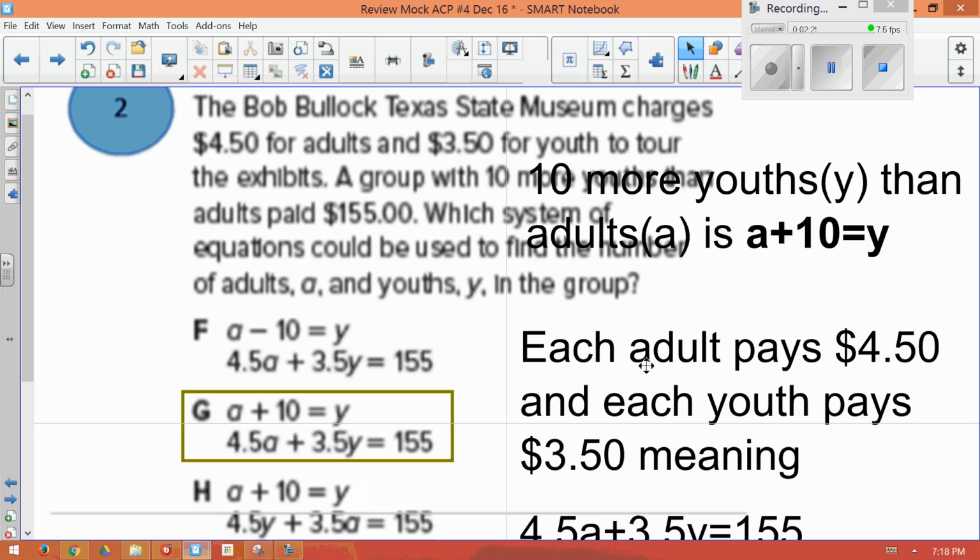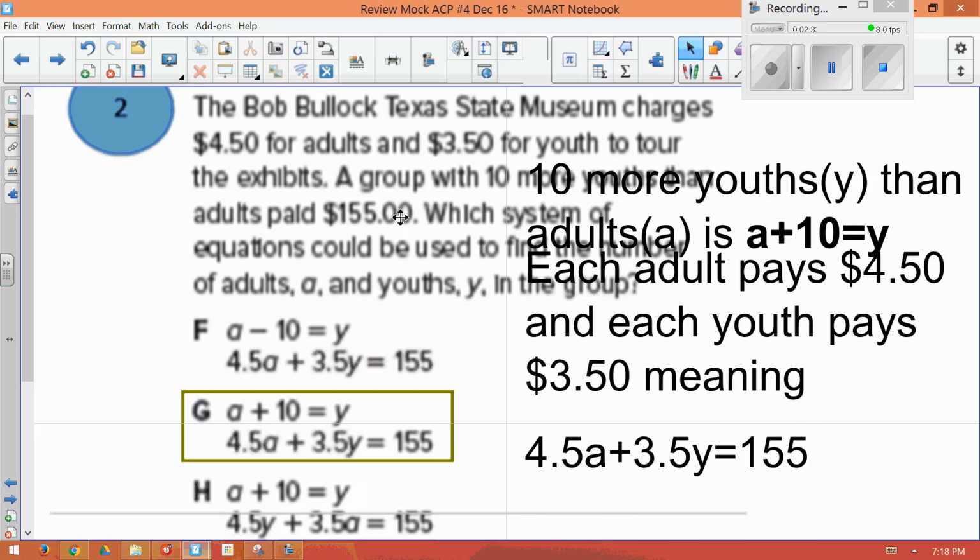And then the other equation: each adult pays $450 and each youth pays $350, and since they paid $155 altogether, you have this equation.